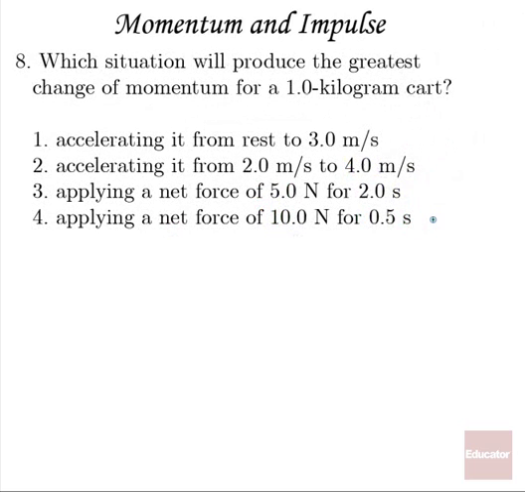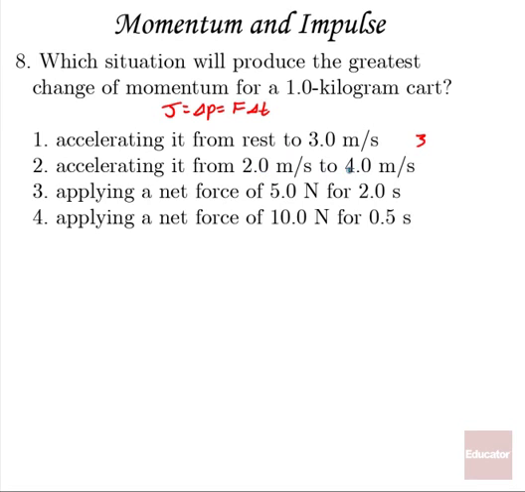Number 8. Which situation will produce the greatest change in momentum for a 1 kilogram cart? Remember, change in momentum is impulse, which is force times time interval. Accelerating it from rest to 3 meters per second, well, that's going to be a change in momentum of 0 to 3, so 3 kilogram meters per second.